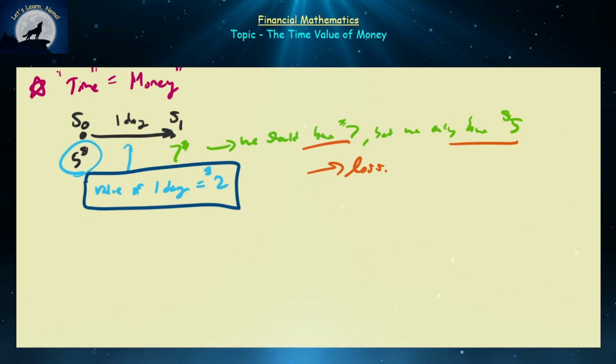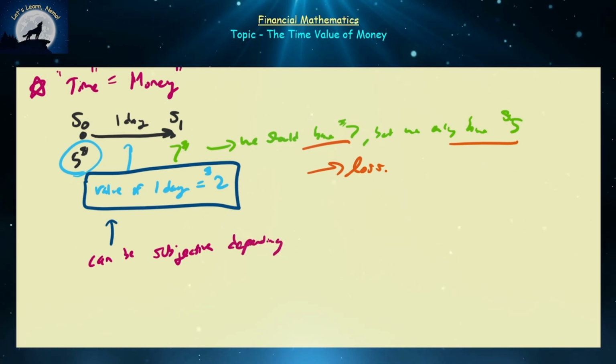And some people will say, time is invaluable. You can't put a price on time. Regardless of how you view the value of a particular day, regardless of that number, this can be, or pretty much is always, subjective. So this can be subjective depending on the person.